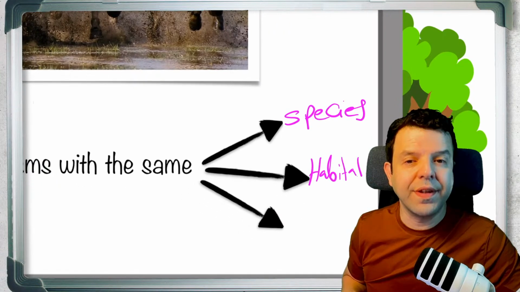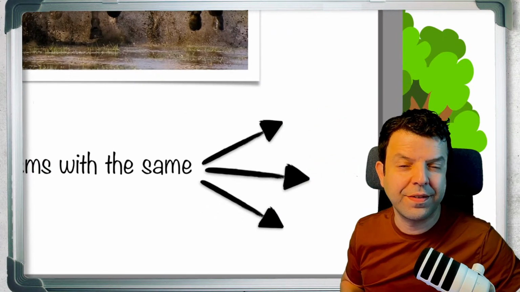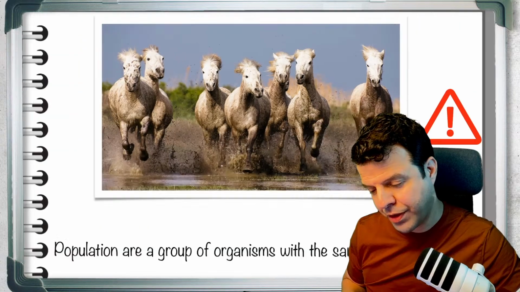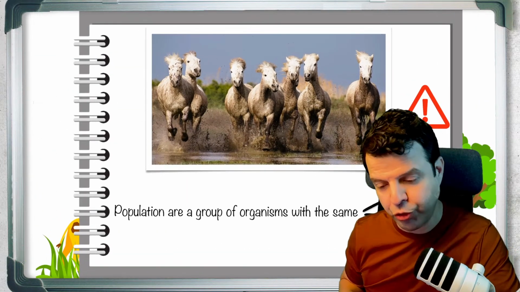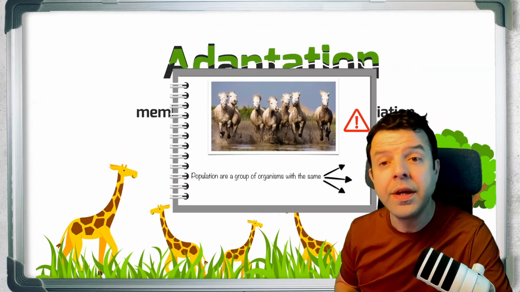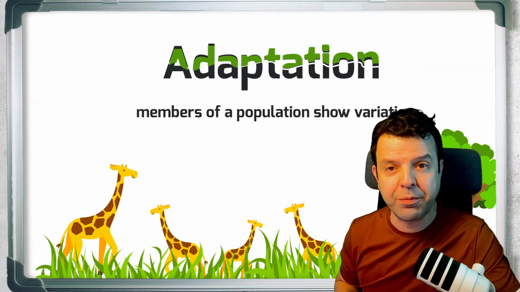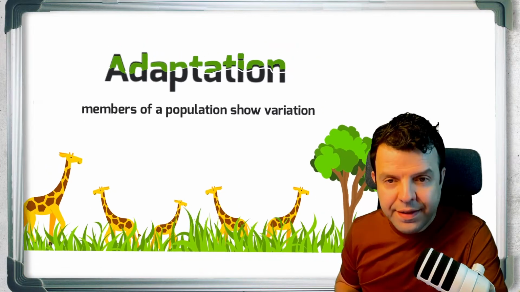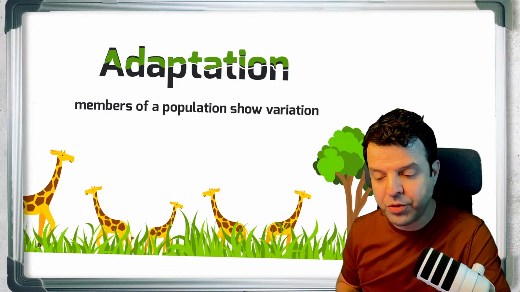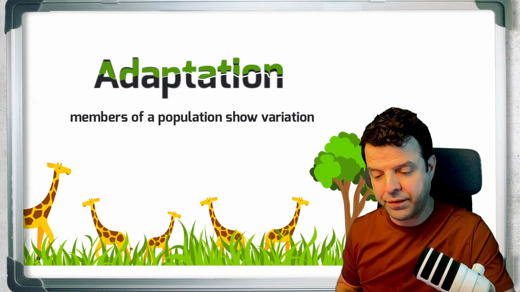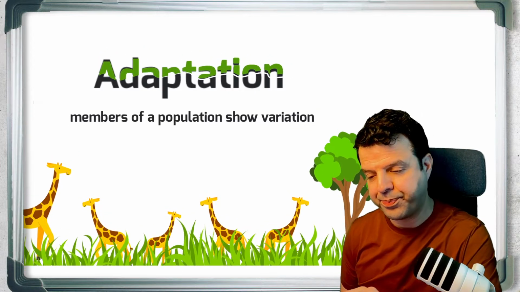Now, why am I suddenly changing the topic of today's lesson? Because I want to introduce you to this concept of adaptations, because this concept only applies to members of a population.